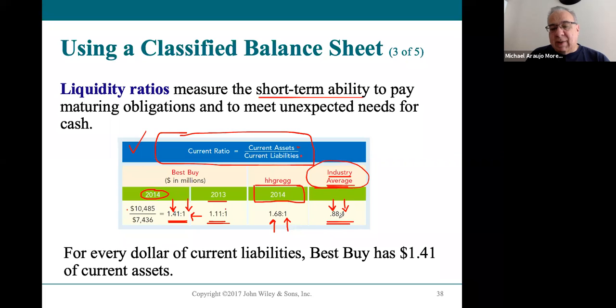So even though the ratio is below 1-to-1, which is not ideal, you can still survive. I don't know how much longer. But this particular industry is under considerable stress as it is. When you were very, very young, you might remember Circuit City stores being around.